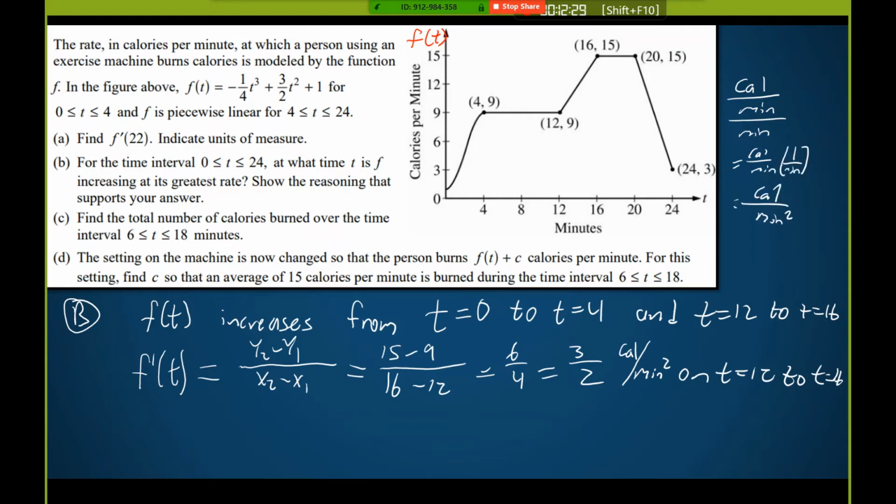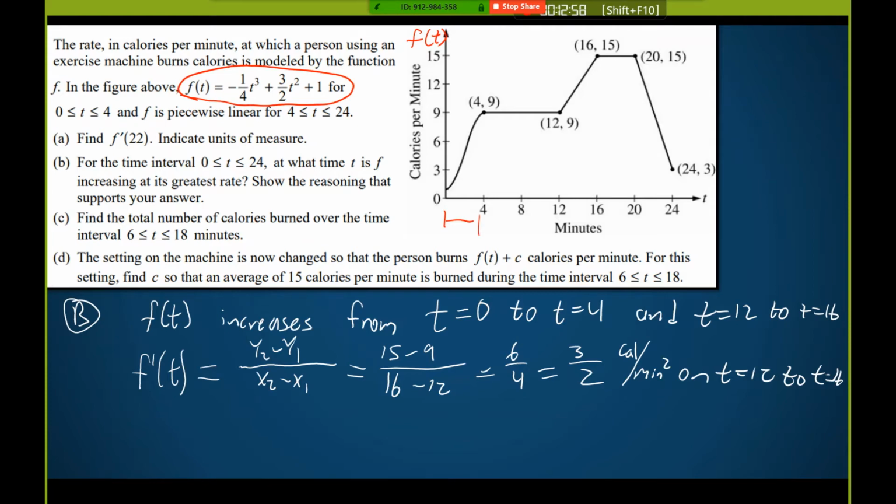Okay, so we've got our derivative, or our slope of the linear function from 12 to 16. So we know how fast it's increasing. For the second part of this, though, we'll be looking at our interval from 0 to 4, which is not a linear function, is this function instead.